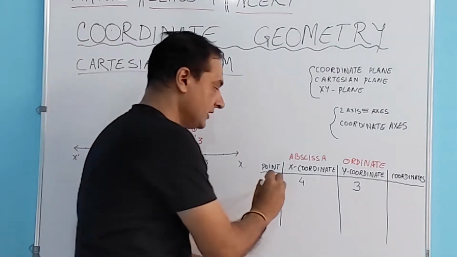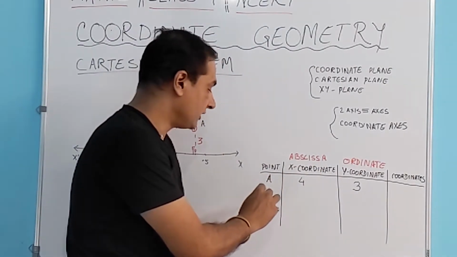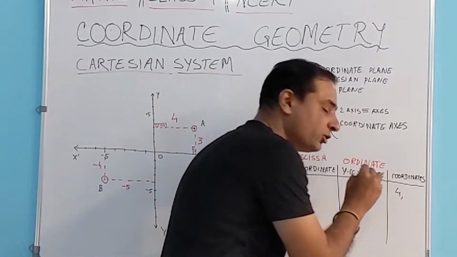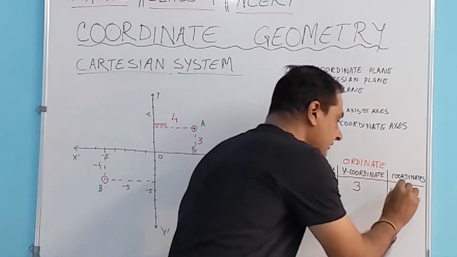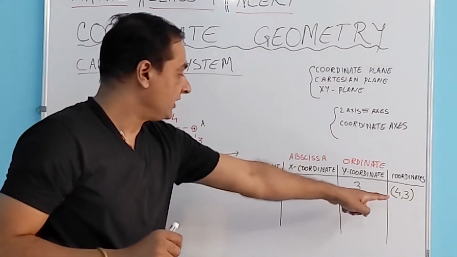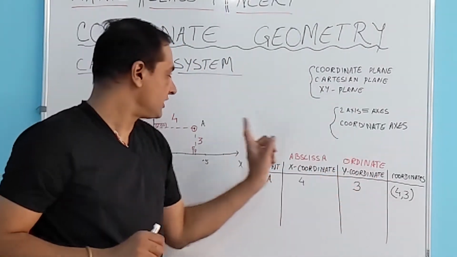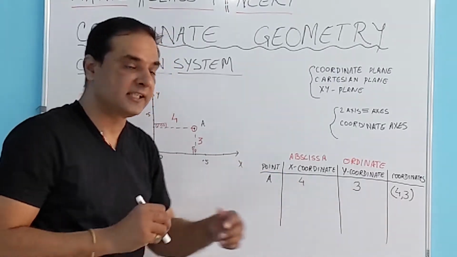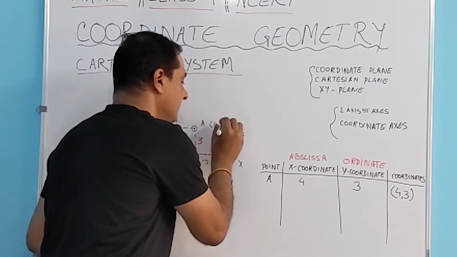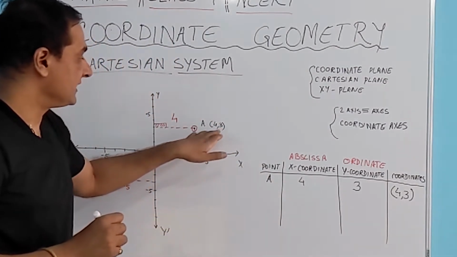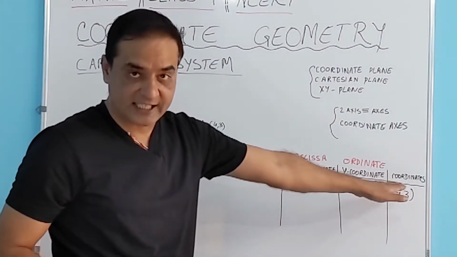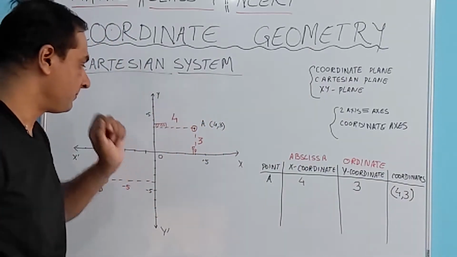So in this case, if we want to write the coordinates of A, we write the x coordinate which is 4, we put a comma and then we write the y coordinate which is 3 and we put that in a bracket. So we are always going to say the location of point A is (4, 3). So this point A is denoted as (4, 3). This representation, x coordinate, y coordinate in a bracket, is also known as the coordinates of the point A.